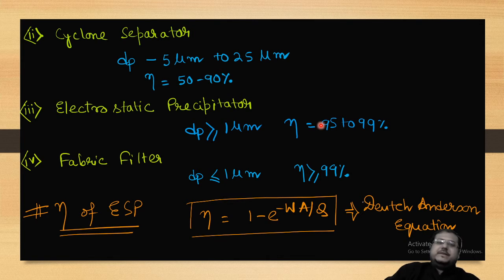And the efficiency of the ESP will be defined by the equation eta equals 1 minus e to the power minus WA by Q, which is called the Deutsch-Anderson equation. Just have a look.